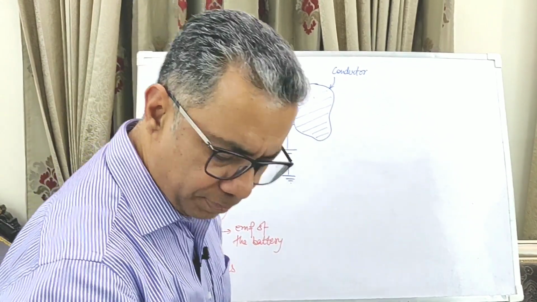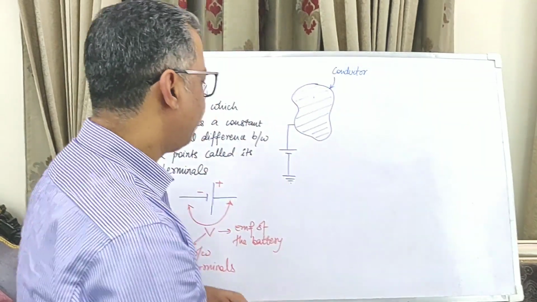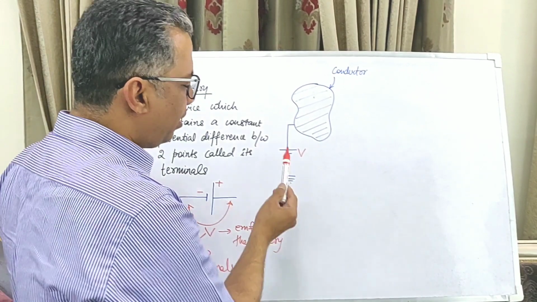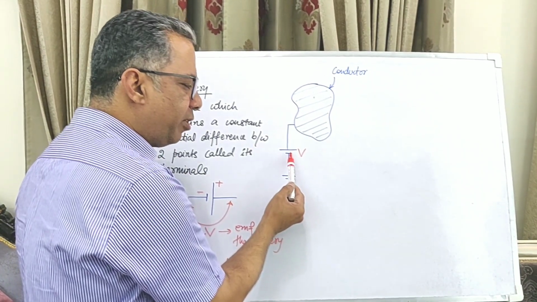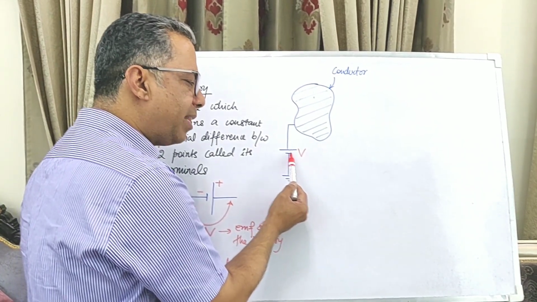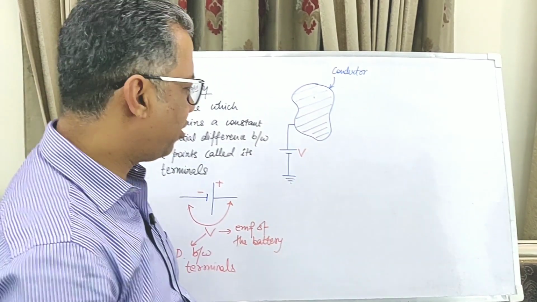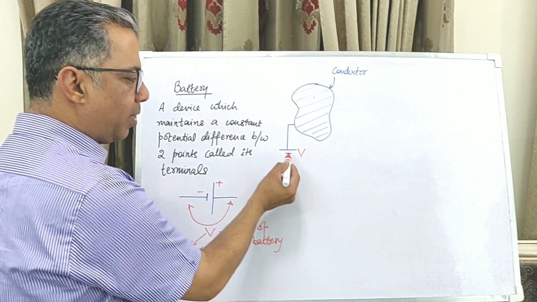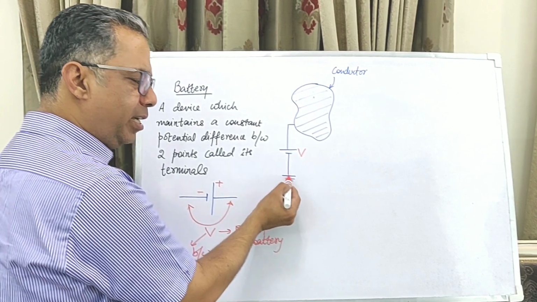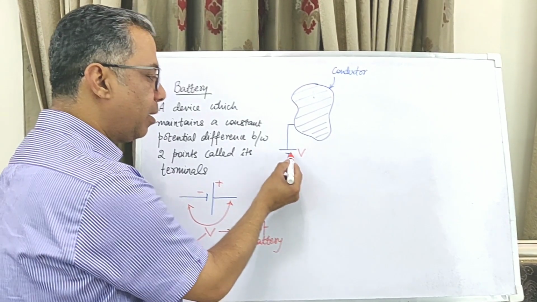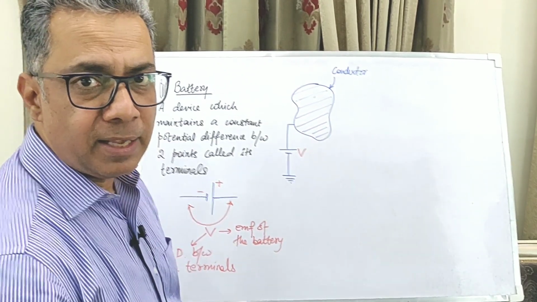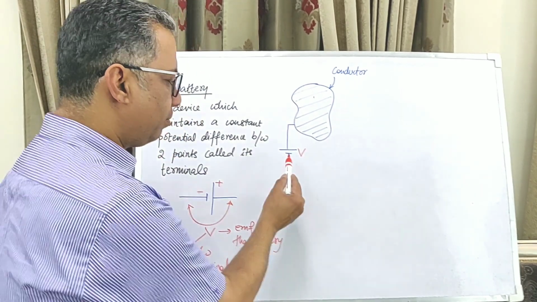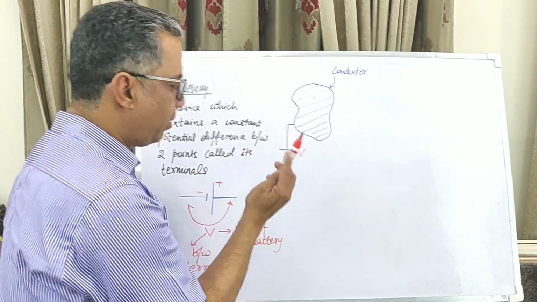The EMF of the battery is known to us. It's given to be V, which essentially means that the potential of the positive terminal is V more than the potential of the negative terminal. Since the negative terminal is connected with the earth, the potential of the negative terminal is equal to that of the earth, which means potential of the negative terminal is 0. Why? It's connected to the earth.